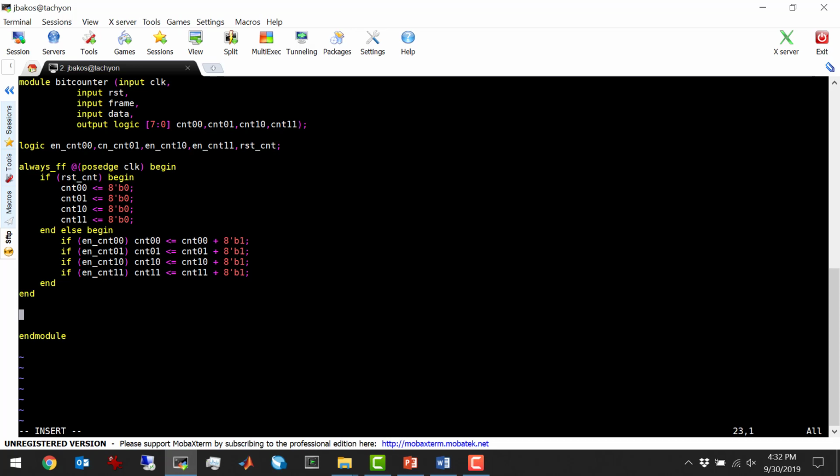But there's a problem with that, because the way it's described, when you go from having a frame to not having a frame, the frame ending, so after receiving a packet, you want to maintain your counts until you get the next packet. So you don't want to reset the counters until you start receiving a new packet, right? Make sense?